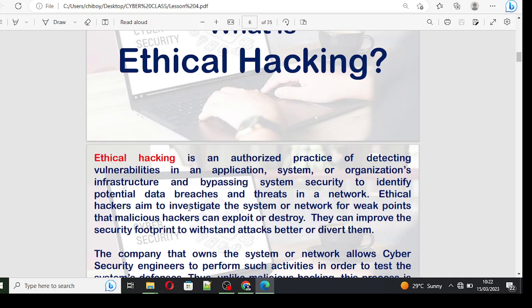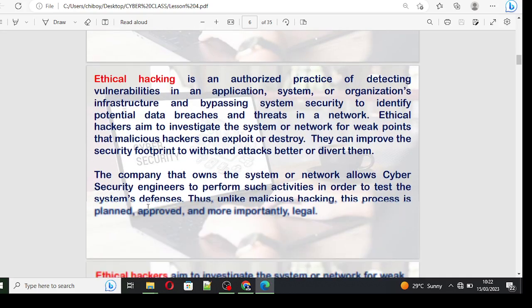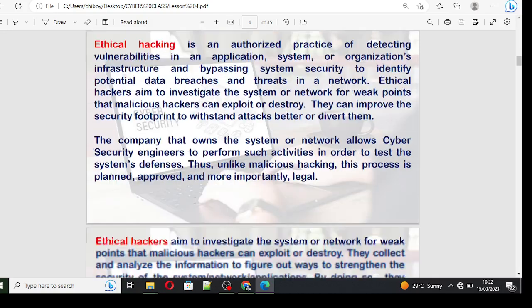They can improve the security footprint to withstand attacks better or divert them. The company that owns the system or network allows cybersecurity engineers to perform such authorized activity in order to test the system's defenses. Thus, unlike malicious hacking, this process is planned, approved, and more importantly, legal.